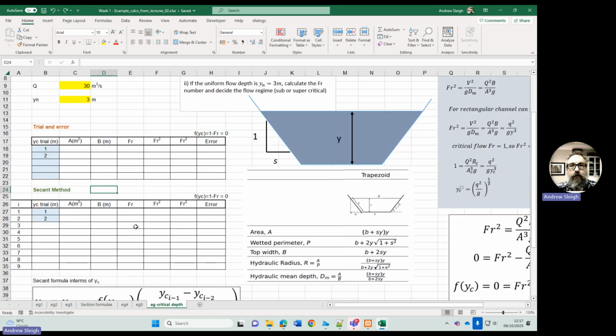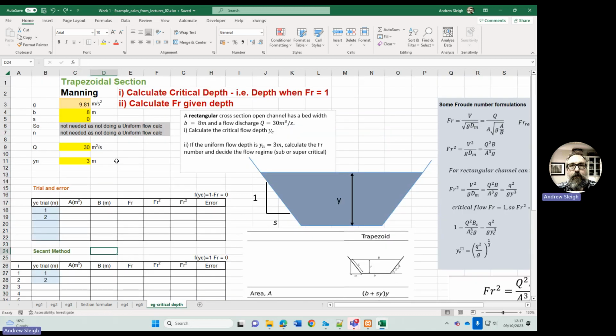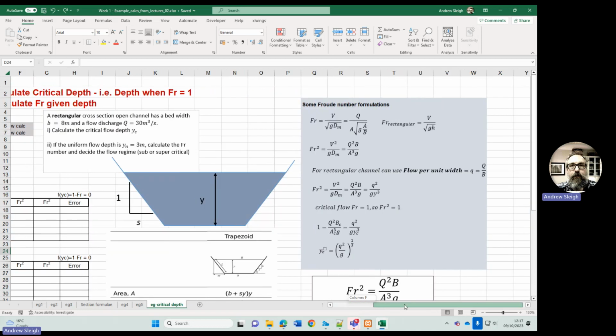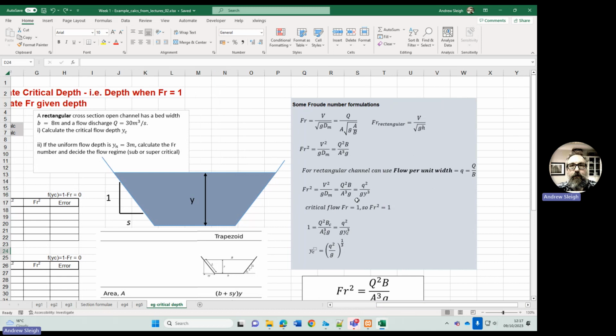Last example, instead of the uniform flow equation, we're going to look at calculating critical depth and calculate the Froude number. Now, critical depth is a depth when the Froude number is equal to 1. So here's the Froude number, here's the Froude number squared, and both are useful because when the Froude number is equal to 1, so is the Froude number squared.